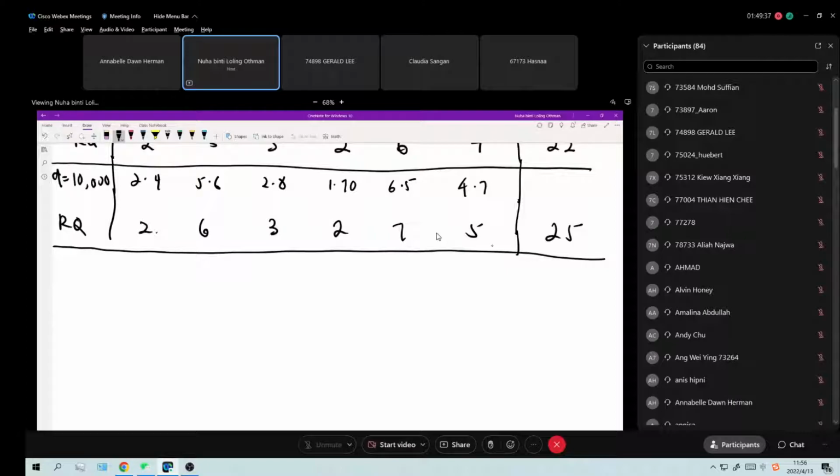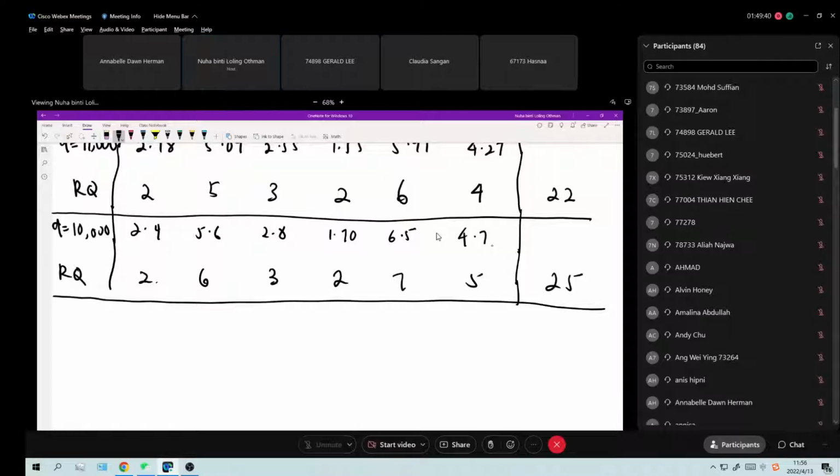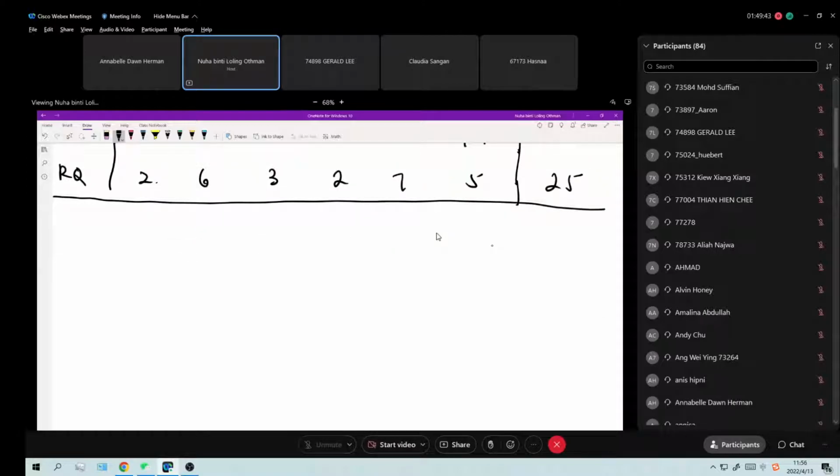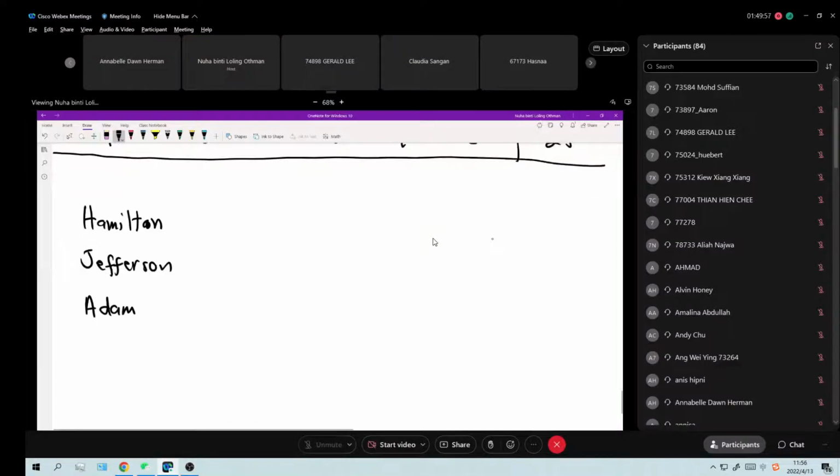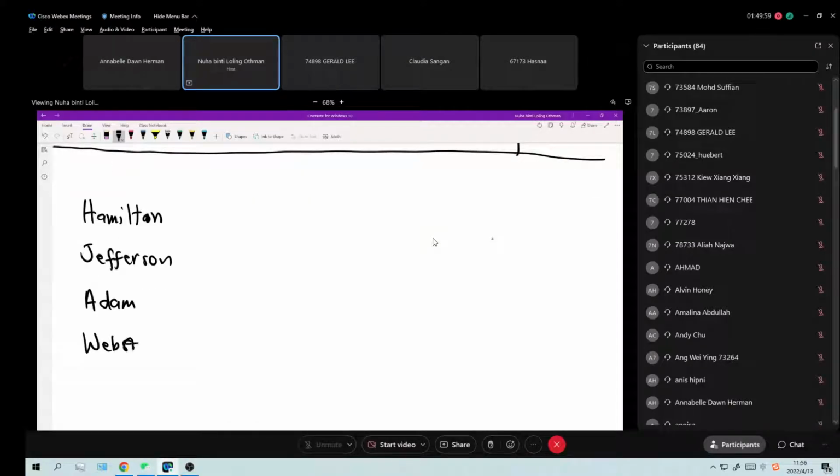Here, because it is easy, based on this one you can see Hamilton, Jefferson, then Adams, and Webster. This one uses lower quota, Adams uses upper quota, and this one uses rounded quota.